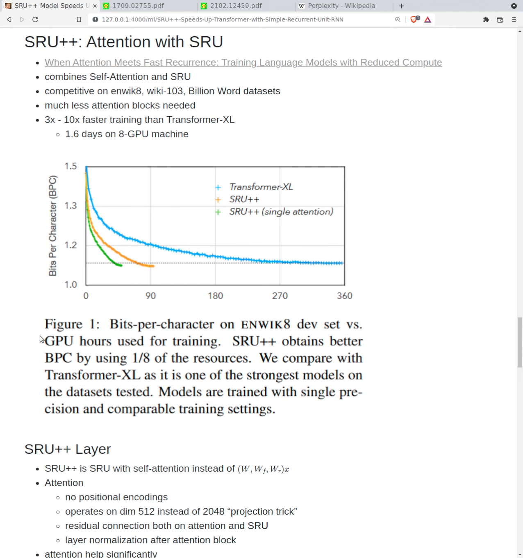It uses 1.6 days on a GPU machine, that's something I can imagine, training something for 1.6 days on a GPU machine. The dataset apparently is rather small, this Enwik8, but these are numbers that I can imagine.